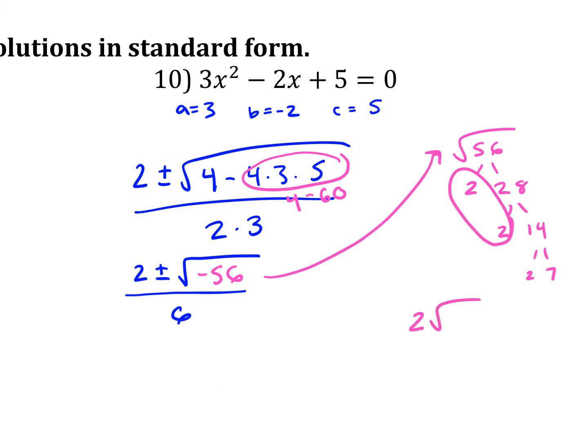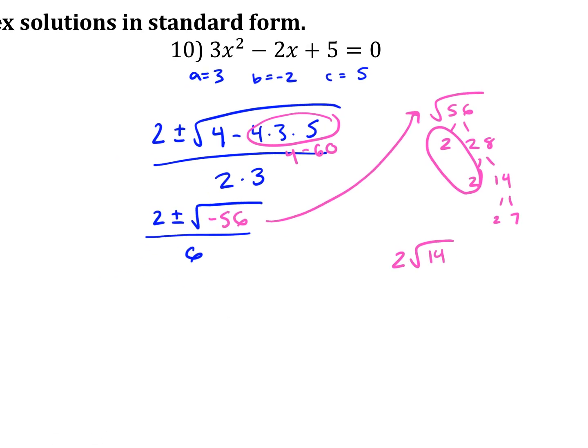And what's left on the inside? 14. So this would be 2 plus or minus 2i, because I take out that negative also. It's just 14, because the only thing I have left is 2 and 7. And 2 times 7 is 14.